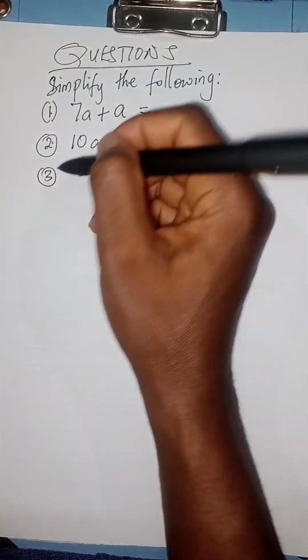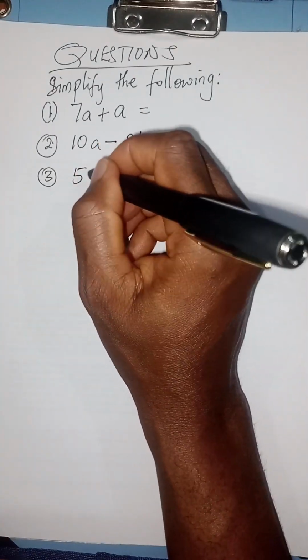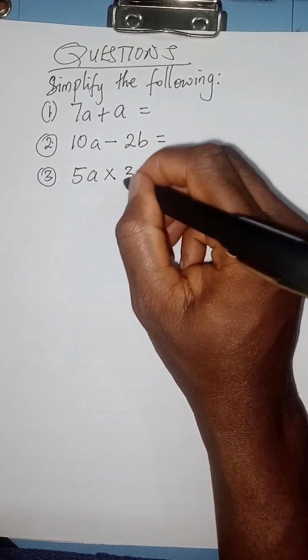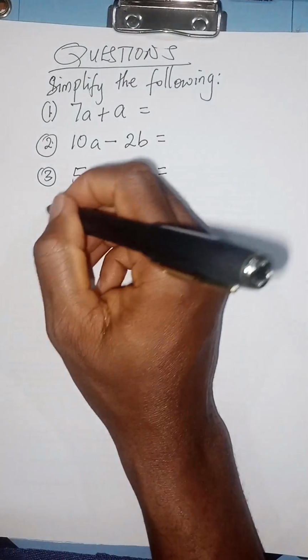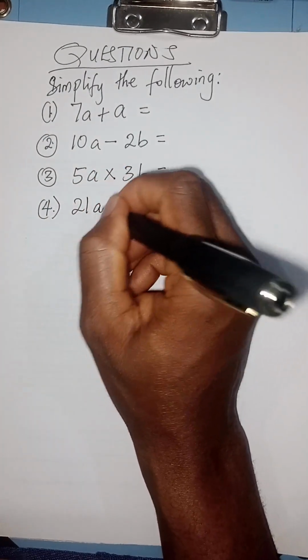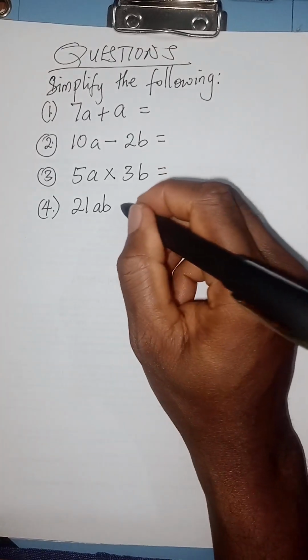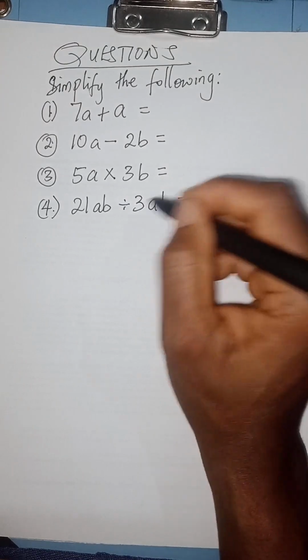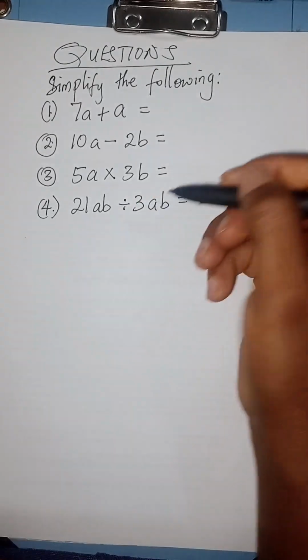Number three, 5a times 3b. Number four, 21ab divide 3ab. This is division.